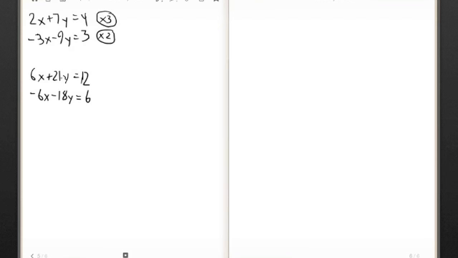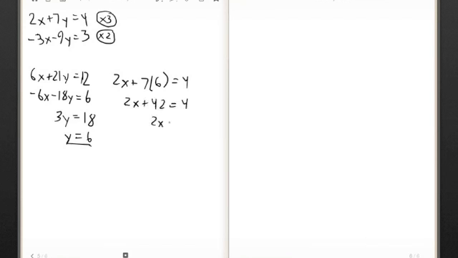So now if we're adding, 21y plus negative 18y is 3y, 12 plus 6 is 18, and we get y equal to 6. Plug it back into the first equation, and we get x is equal to negative 19. So the solution is, careful with your x and your y, negative 19, 6.